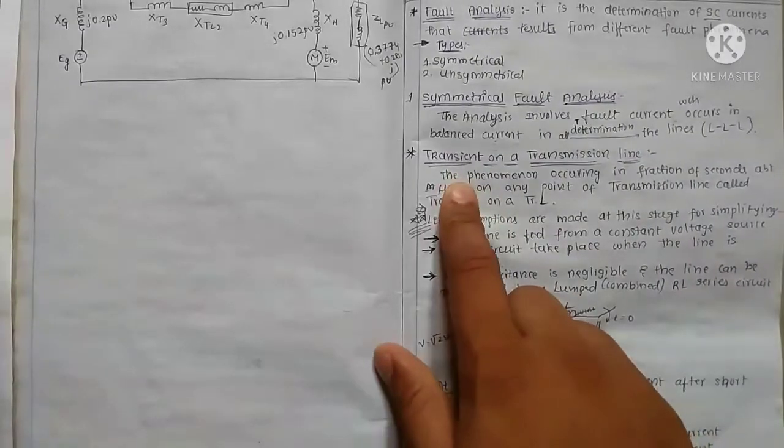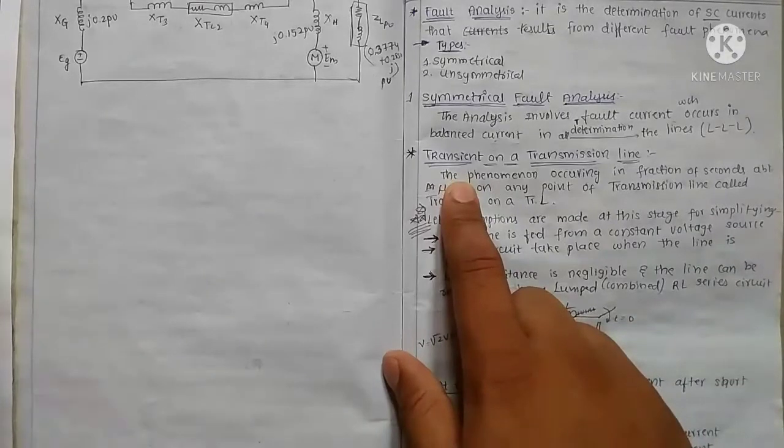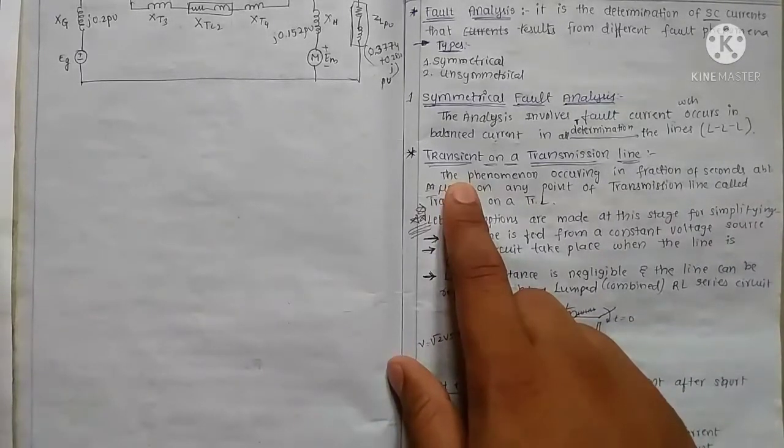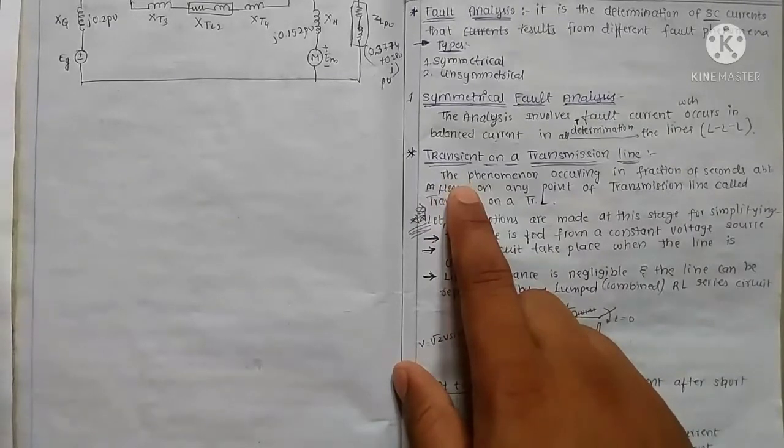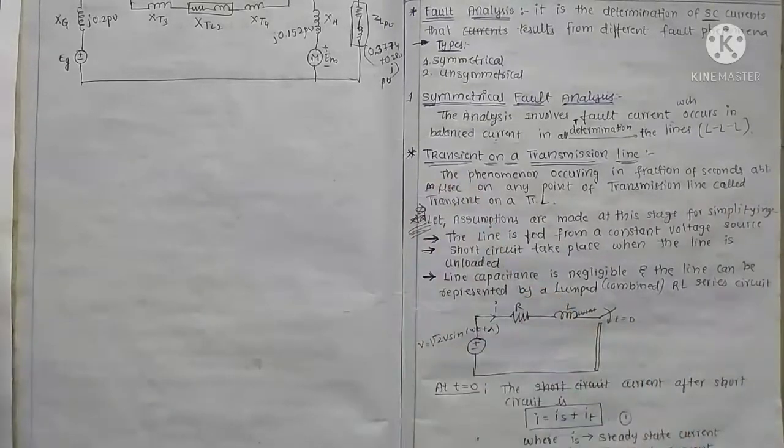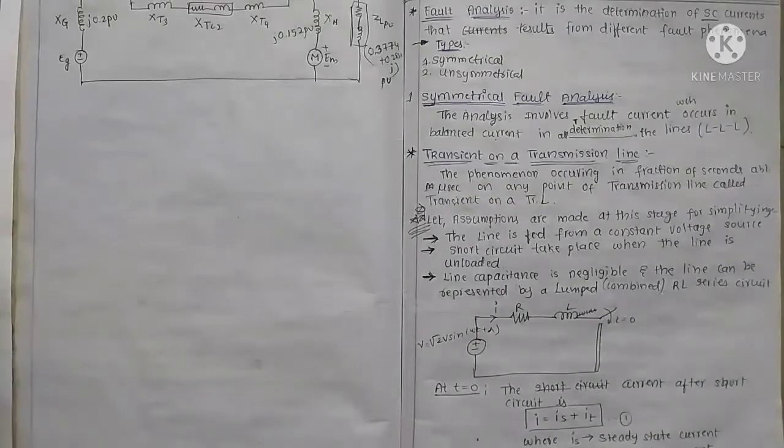The first topic in the theory is the transient on a transmission line. Guys, I wanted to give a bit of information about the fault. The fault occurs in three stages. First is the subtransient state, then the transient state, and another is the steady state.